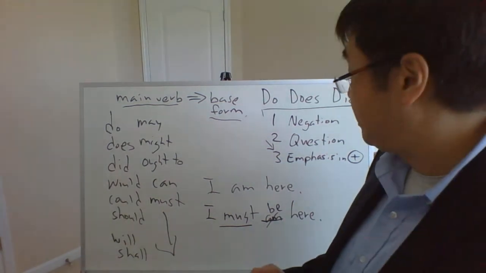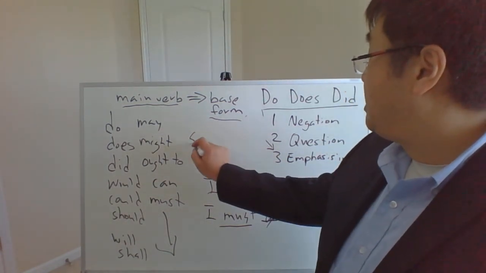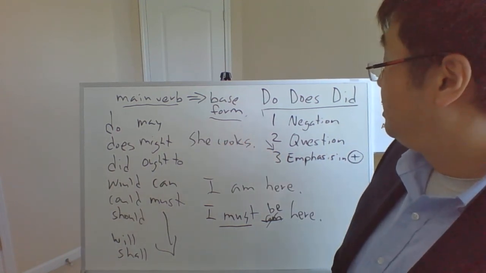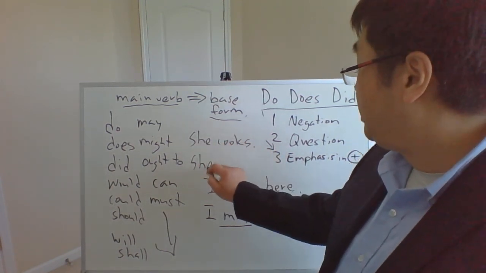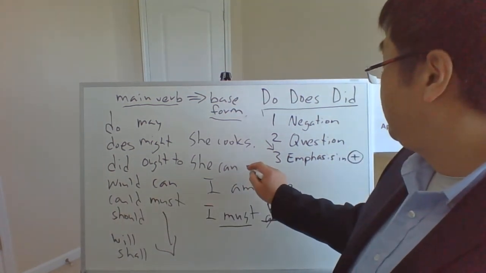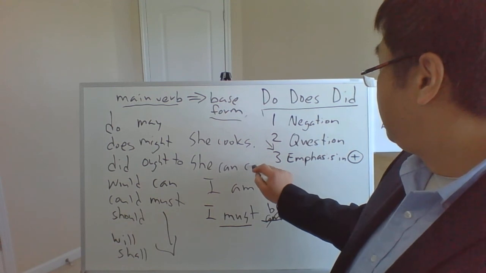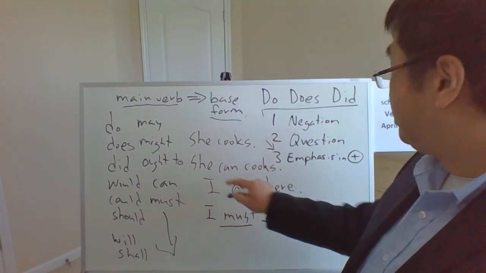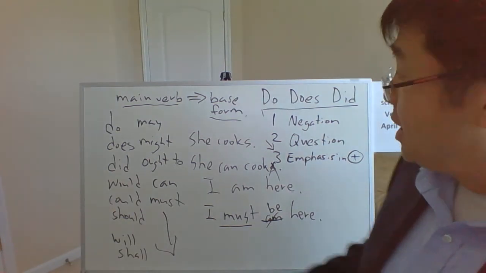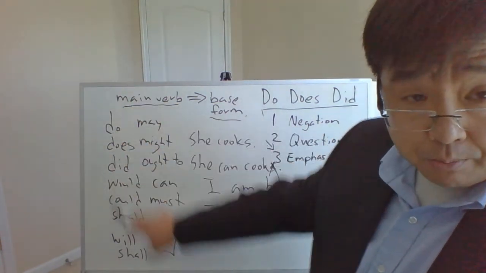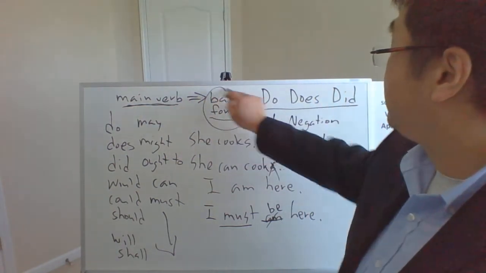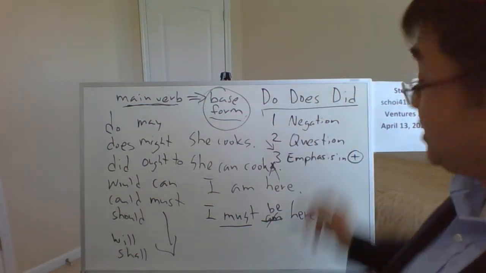If I say she cooks, but if I use that can there, it becomes what? She can cooks? No. She can cook. So when you use these modals, the main verb goes to base form, including do, does, did.